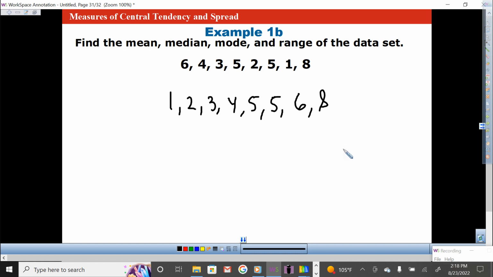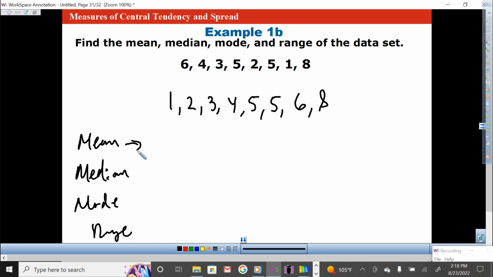So with that said, mean, median, mode, range.